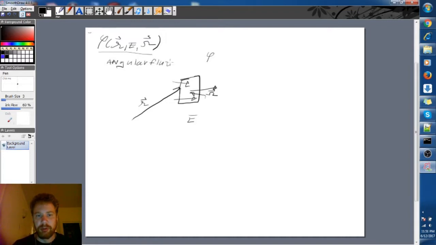And as you recall before, we also said the angular flux was interpreted to be the path length generated by neutrons traveling in this unit volume per second in that energy range at that solid angle.